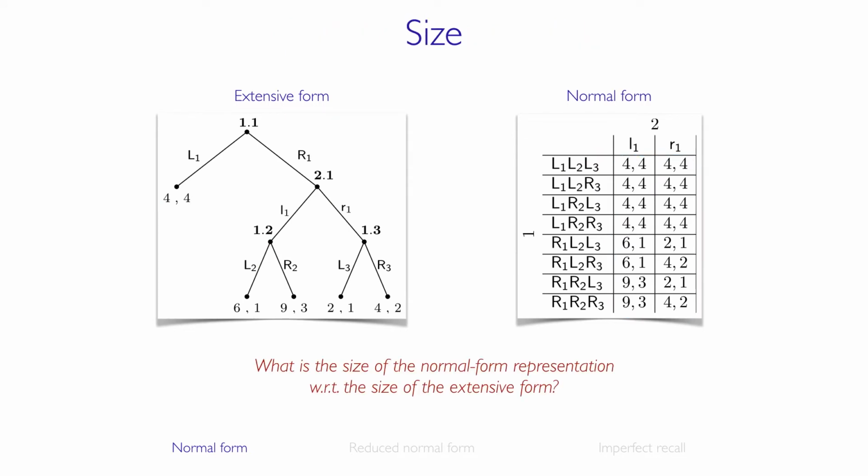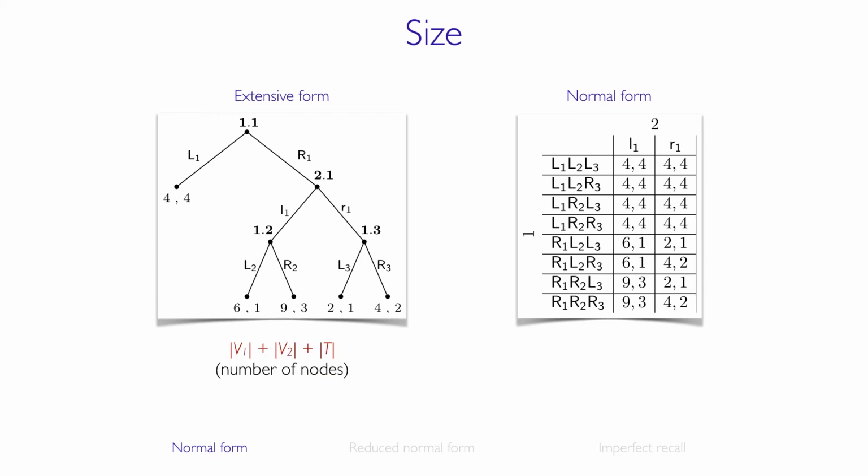While the number of outcomes is 5, that is the number of the leaves of the game tree, the size of the normal form representation is 16, that is the number of cells. So the question is, what is the size of the normal form representation with respect to the size of the extensive form? The size of the extensive form is equal to the number of nodes, including decisional and terminal nodes.